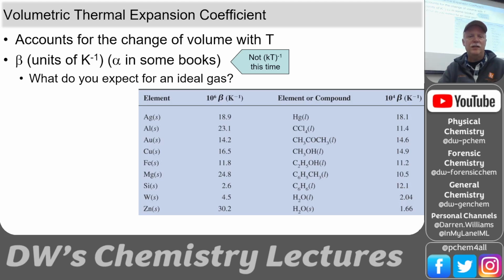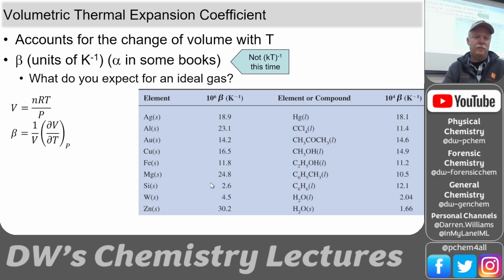But let's see what we expect for an ideal gas, and again we're looking at the volume. We're going to differentiate the volume with respect to temperature at constant pressure. We find the volume equation, and then differentiate that with respect to temperature.